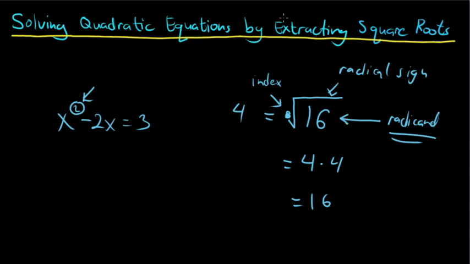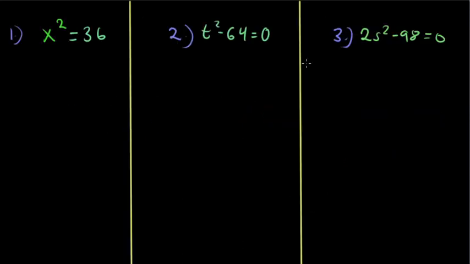Now let's try using this process, using extracting square roots, in trying to solve quadratic equations. So I have here a few examples. First example natin, we're asked to solve this quadratic equation, x squared equals 36. Simpleng-simple lang siya.